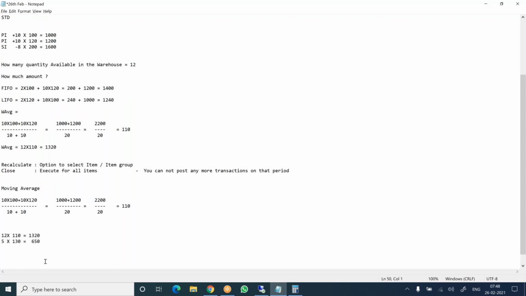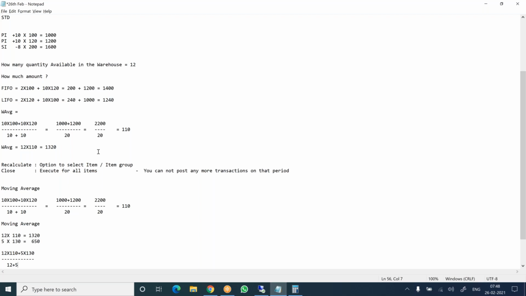Now one more moving average: 12 multiplied by 110 plus 5 multiplied by 130, divided by the same calculation, 12 plus 5. This is the calculation.